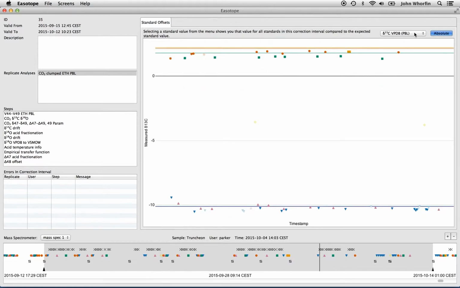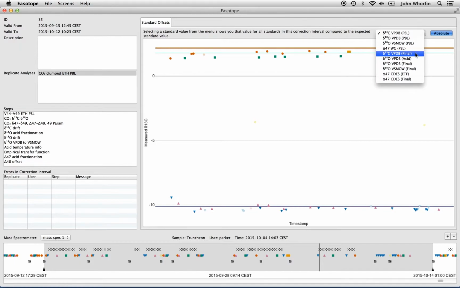We put this back in absolute mode. Now we have a list of various things that have been calculated by our data analysis for all these standards. And in this list, we see that there's another carbon value, and this is marked as final. Final means that this is no longer going to be corrected.